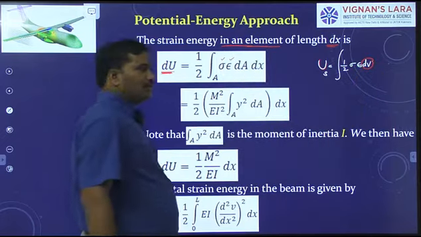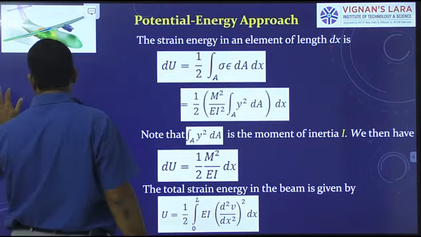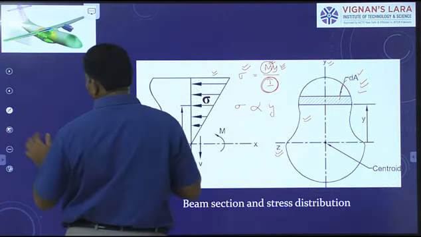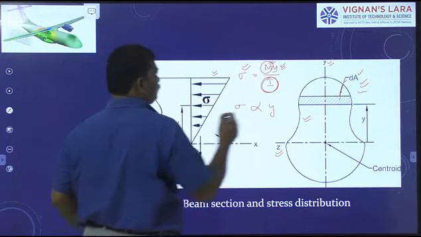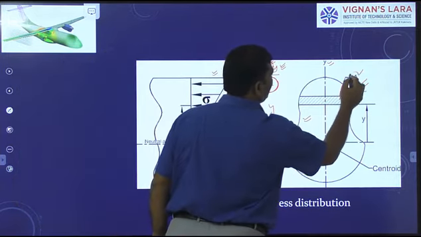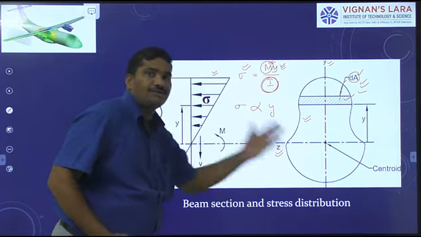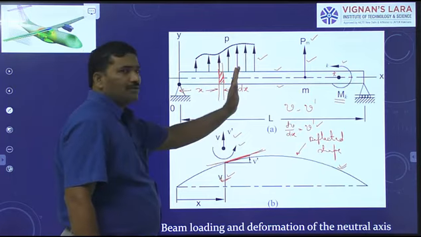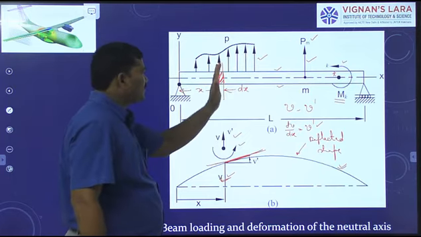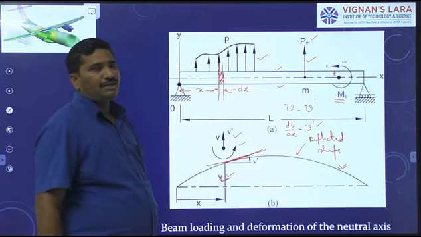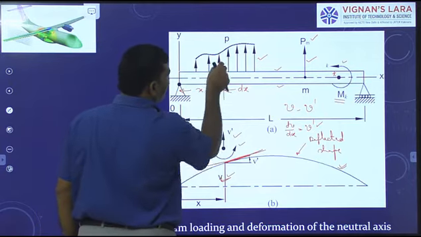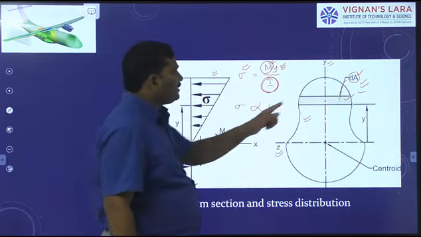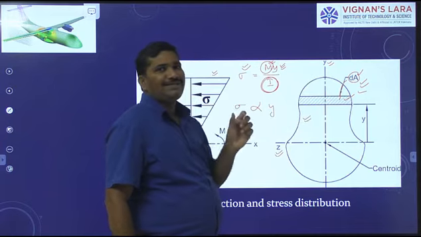That is the question. If you go back and see, we considered here an infinitesimal element of area dA on the section, distant x units from the first support. Therefore, what is the thickness of the element? dx. And what is the area of the infinitesimal element? dA.